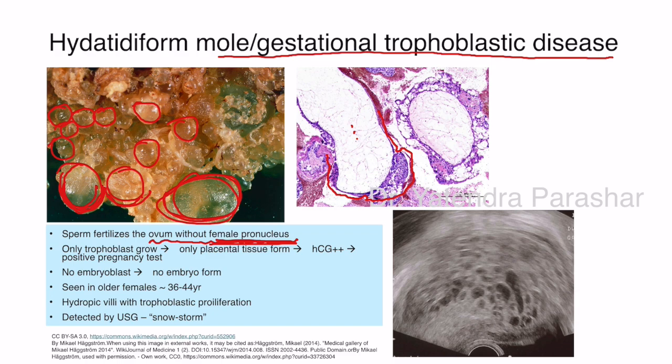So it is known as hydropic villi, with trophoblastic proliferation. So in the hydatidiform mole we can see these hydropic villi with trophoblastic tissue proliferation.